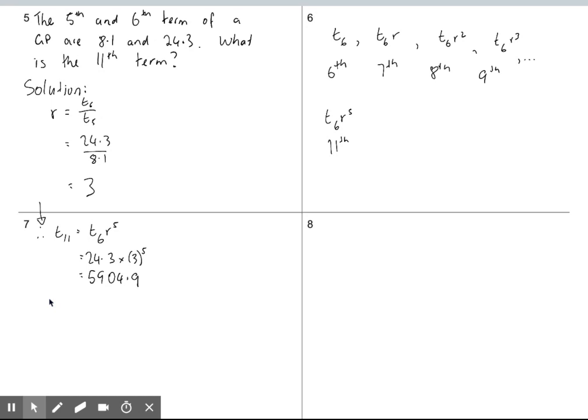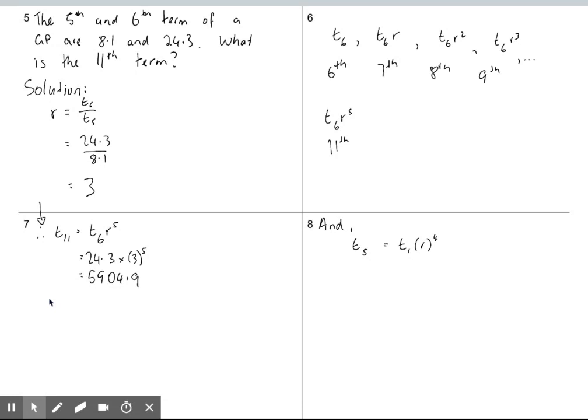So we can do stuff like that. So the general term, and let's deal with T5 because it's smaller. We know that T5 is equal to the first term times R to the power of 4. That's just the general form of a geometric progression.